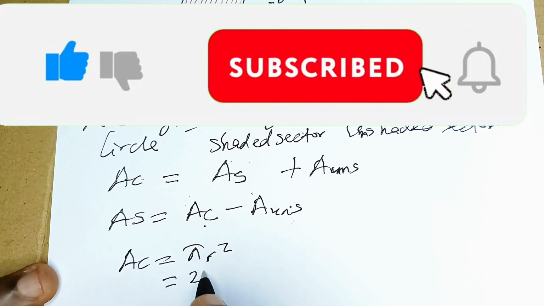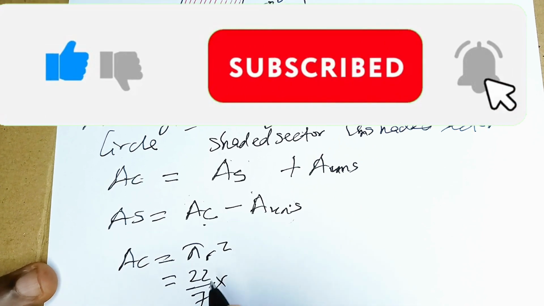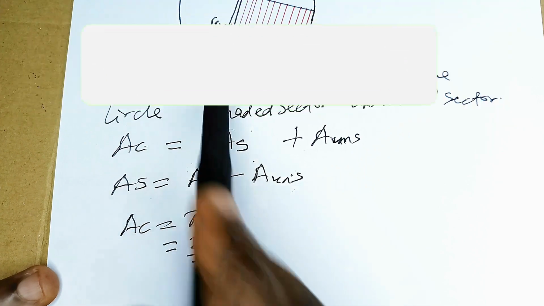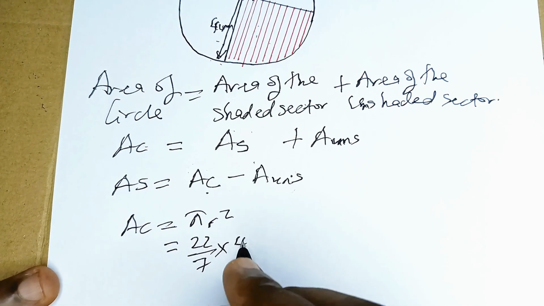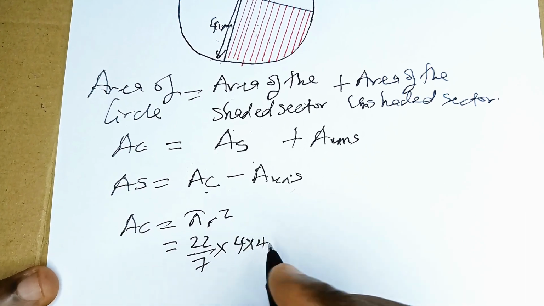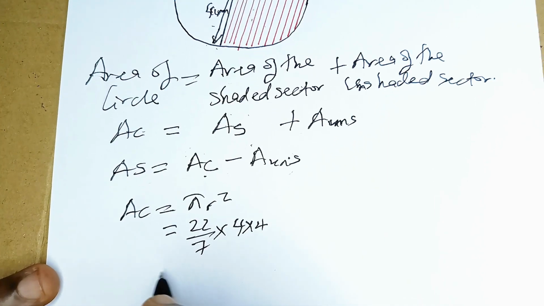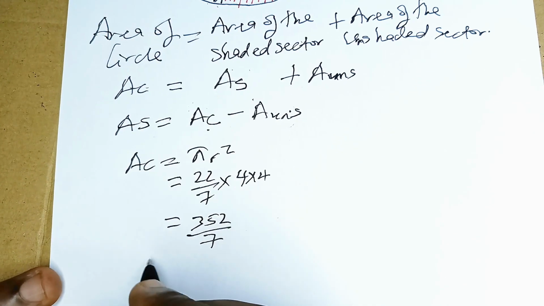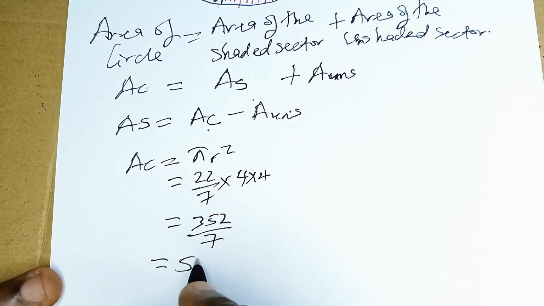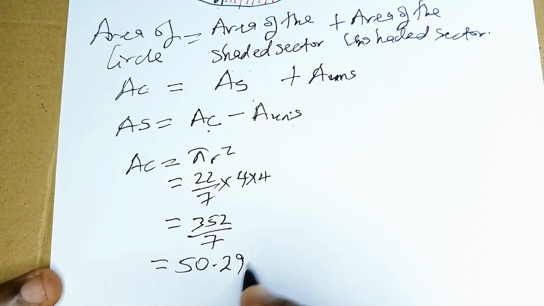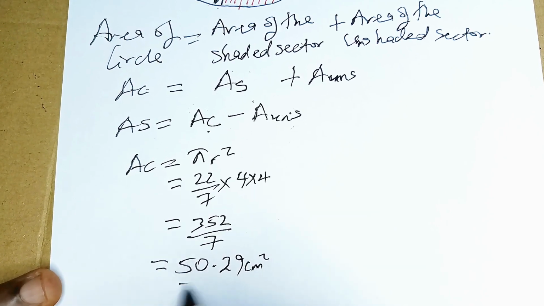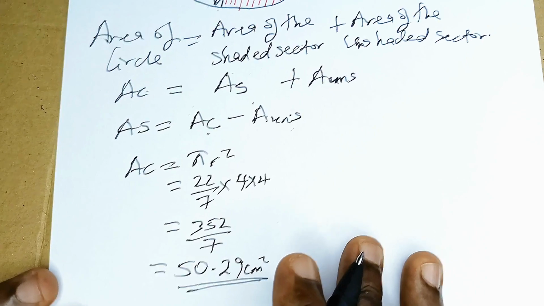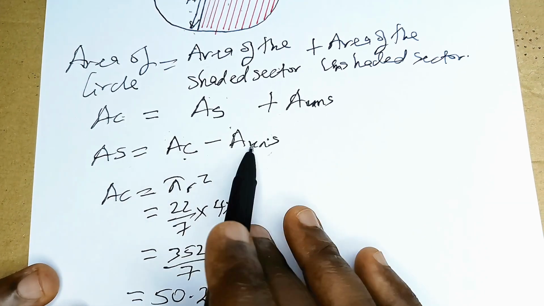So our pi is 22/7 multiplied by the radius 4 squared, that's 4 times 4. This gives us 352/7, and it gives us an answer of 50.29 centimeters squared.